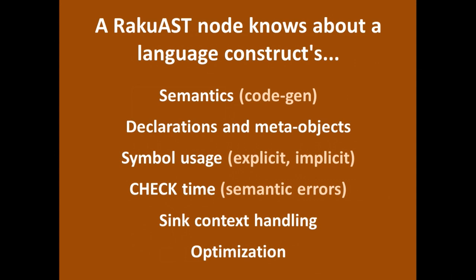It knows about symbol usage, both explicit, so if I have a variable $foo, then obviously I need to look that up, but there's also implicit symbol usages in Raku. So if I write $0, which is the zero for capture, there's no $0 variable. We don't want to look that up, but implicitly we are wanting to do lookups of $/, the match variable, and also we'll want to be looking up the array index operator.